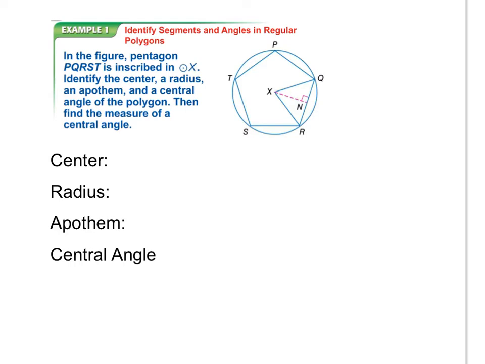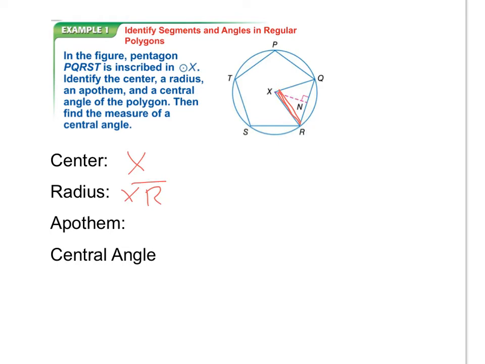So point X is the center of my polygon. The radius of a polygon is any segment drawn from the center to any of the vertices. It's also the radius of the circumscribed circle. So XR would be an example of a radius.